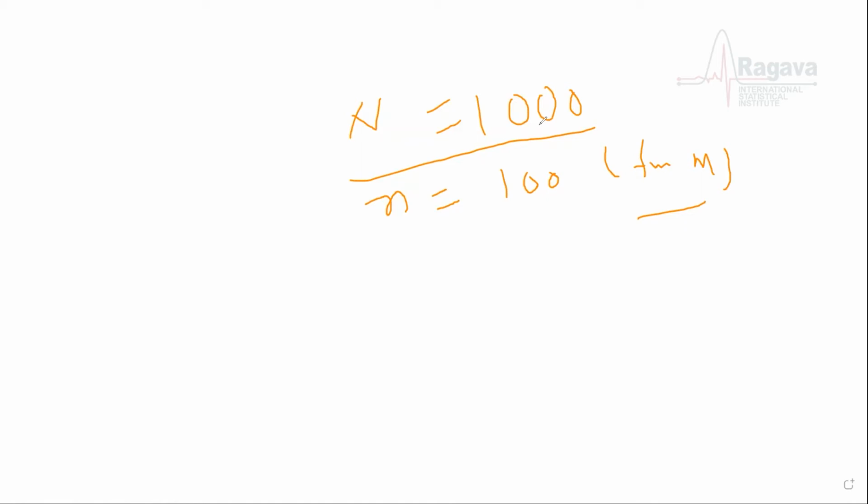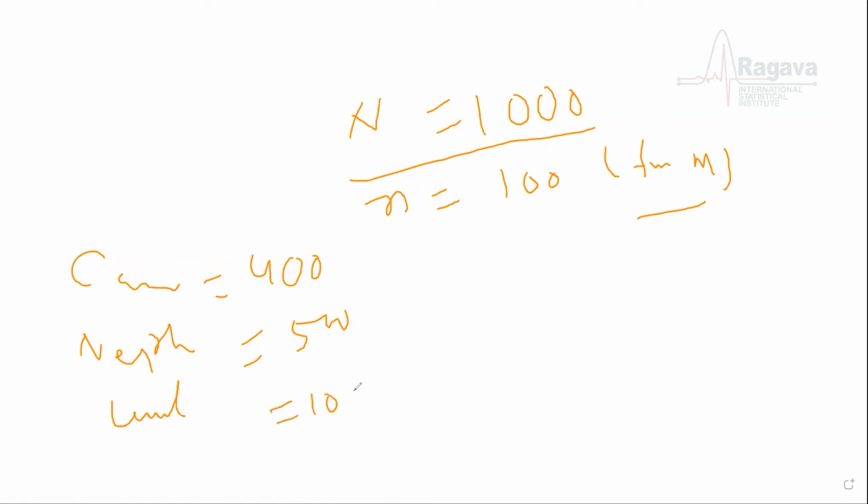If it is for retrospective review, divide your total discharges by different specialty. So I'm going to divide this population by different specialty. For example, cardiology, total admission 400, for example. Nephrology, for example, 500. Urology, for example, only 100. So the total admission is 1000, correct? So this is my population size. I have only 3 specialties, for example.